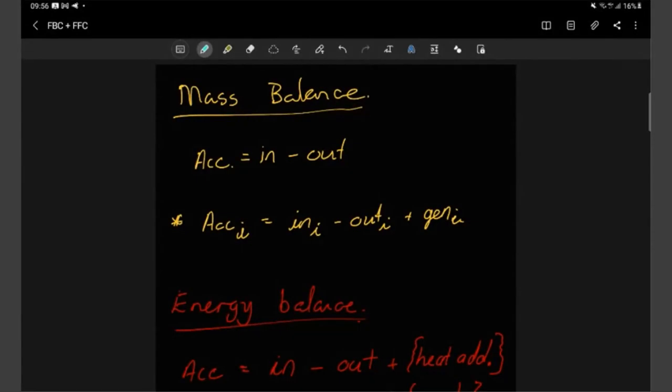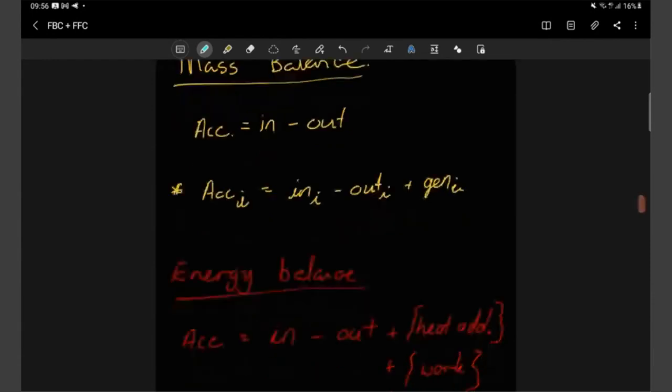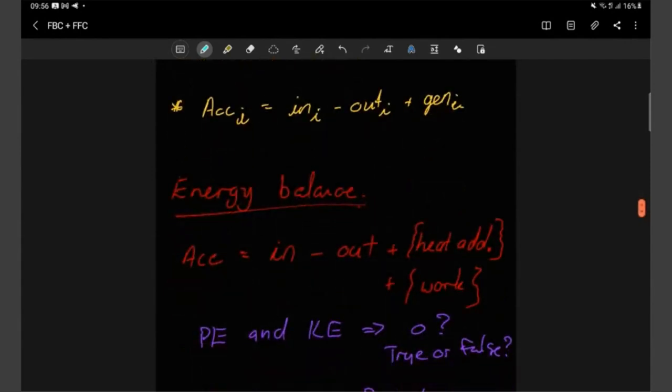Always make sure that you keep track of the signs of your generation term. So try to memorize a specific way of writing that equation where generation is positive, same as in, and whenever you have some form of consumption, ensure that the signs are correct so that you have the correct way of representing it.